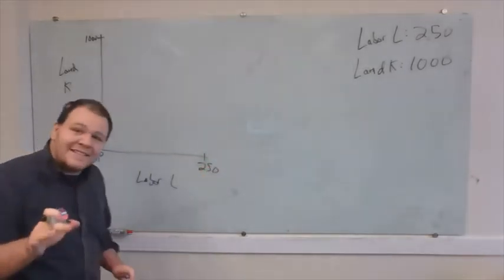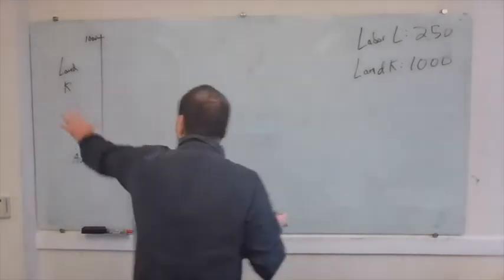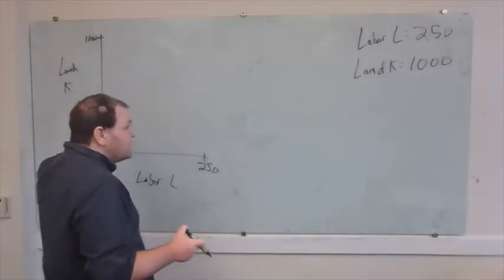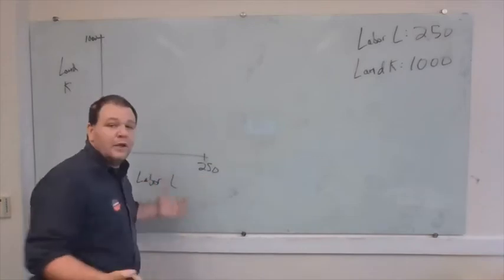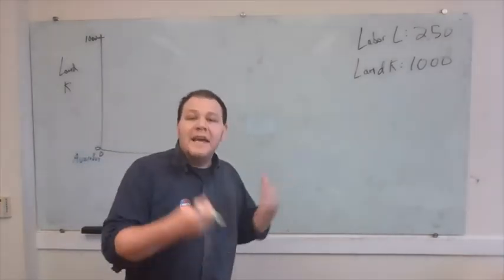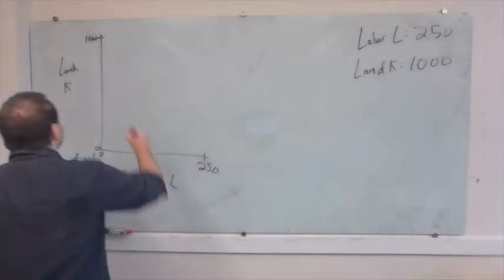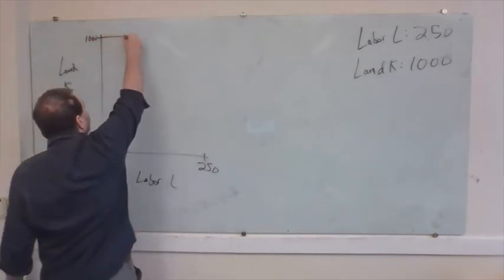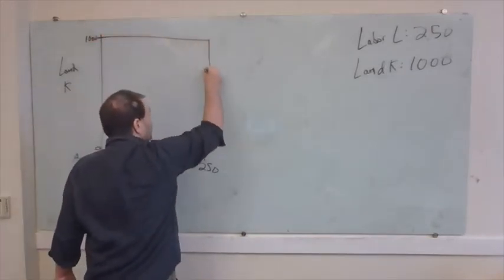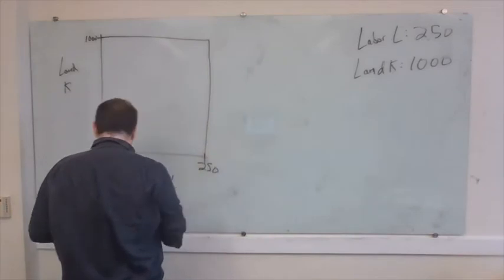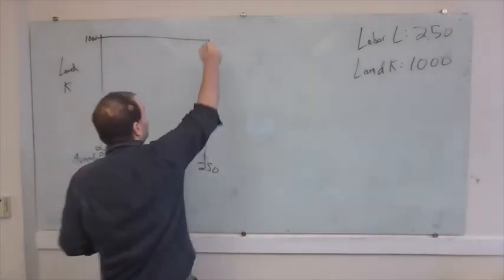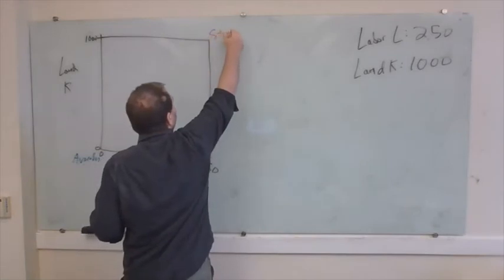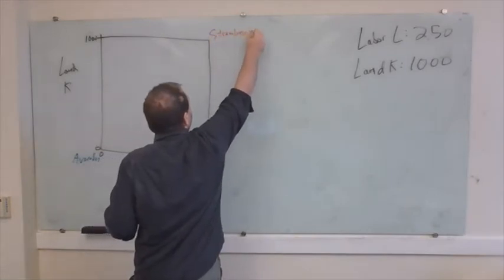And again, just like last time, right? Every acre of land that I don't use to grow avocados, I'm going to use to grow strawberries, right? And every worker that isn't used producing avocados is going to be used producing strawberries. So I can draw an Edgeworth box, right, to represent this, where everything I don't use to grow avocados will be used to grow strawberries. Right?